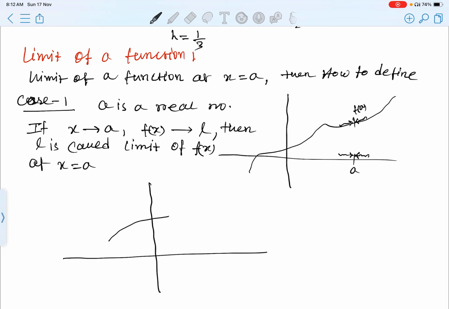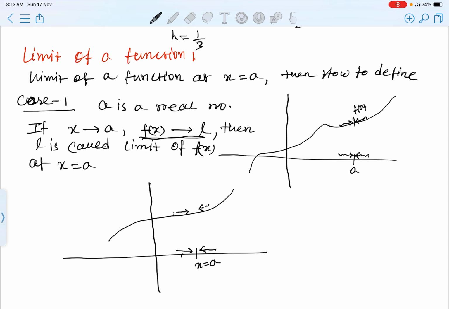I will draw this graph. Assume x equal to a here. This definition says that if x tends to a, that means you can come this way or this way. If the functional value f of x is going to a particular real number also, whenever you are coming with x from the left side, the function also goes this way, and if you come from the right side, the function also comes from the right side.